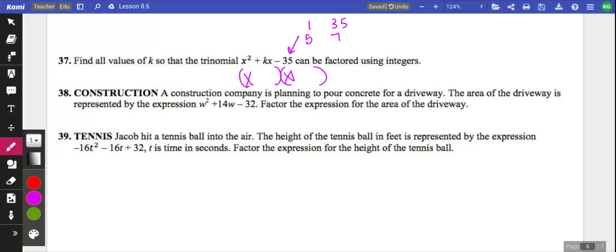If the factors are 1 and 35, which multiply to 35 and subtract to be k, k could be 34. Or if the options were 5 and 7, those subtract to be 2. So my two options for k are 34 or 2.